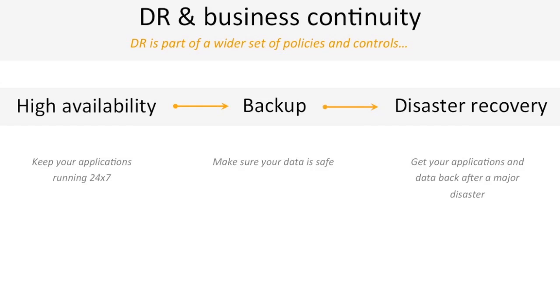At the far right of that continuity, we have disaster recovery itself, so about getting your applications back or getting your data back after some unforeseen event. Maybe your facilities become inaccessible because of some event in your location. Maybe network connections are dropped or severed to data centers, and you need to recover things.